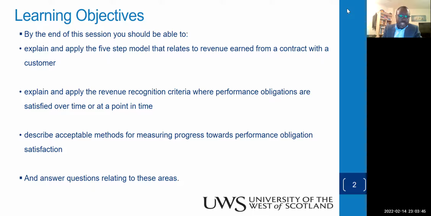We'll also look at acceptable methods of measuring progress towards satisfaction of performance obligations, and some other dimensions of revenue: bill and hold, sale and repurchase, principal and agent. The acceptable methods are the input and output methods, very easy to calculate.